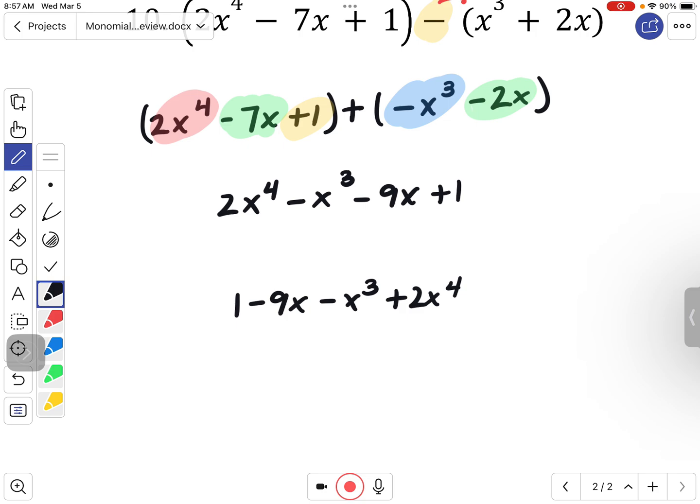I can tell you right now there's one like that on the final. So make sure when you are going through and you're distributing, if your answer comes out with your highest power being the last thing on the row, then move all your powers over so they go in descending order from your highest power to your lowest power starting on the left side.